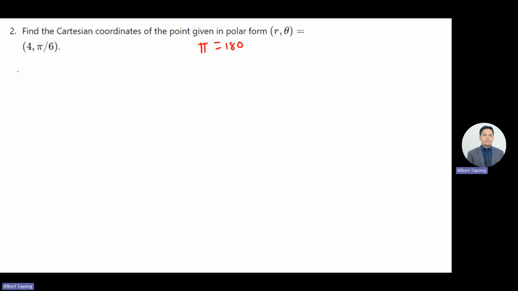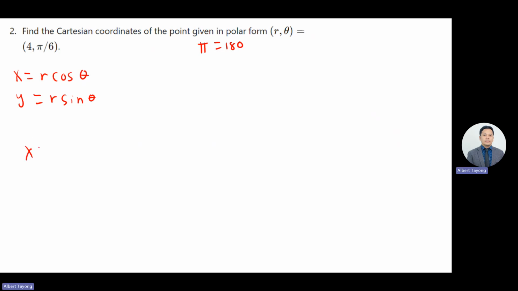So the formulas actually are x equals r cosine theta, and y is r sine theta. Okay. So using these formulas, we can just plug in the values given here, and we can get our x and our y. So please remember these formulas to change the polar form into Cartesian coordinates.